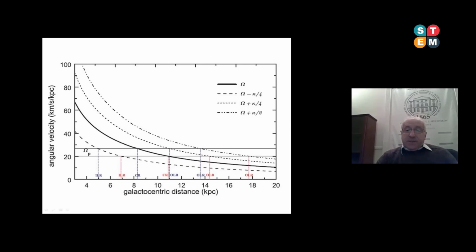And here you see the theory also operates with epicyclic frequency, which gives us the condition for the inner Lindblad resonance, here, co-rotation resonance, and the outer Lindblad resonance here. It means that the spiral pattern can exist only between the inner Lindblad resonance and the outer Lindblad resonance. Outside these values, no spiral pattern.